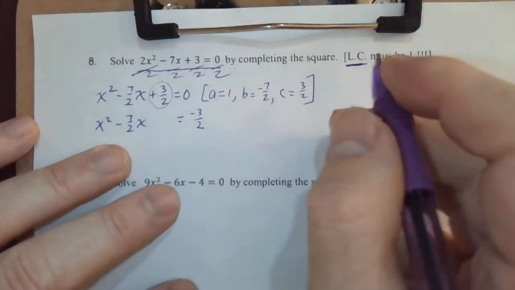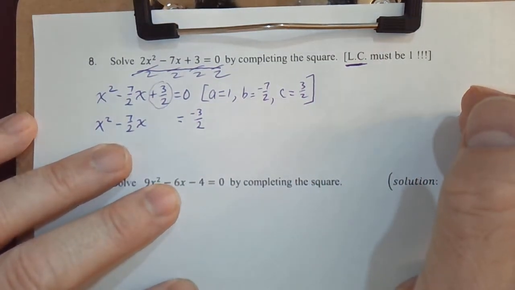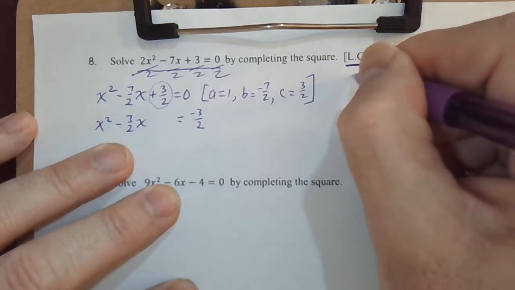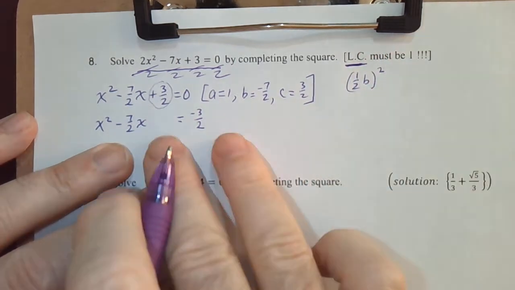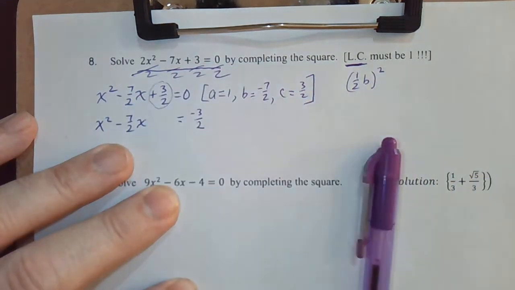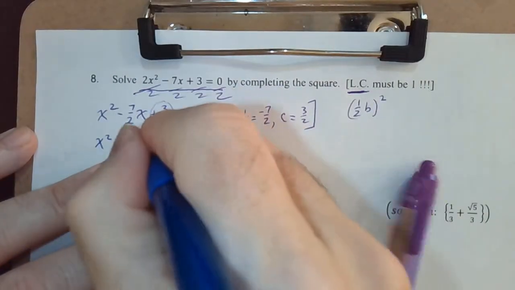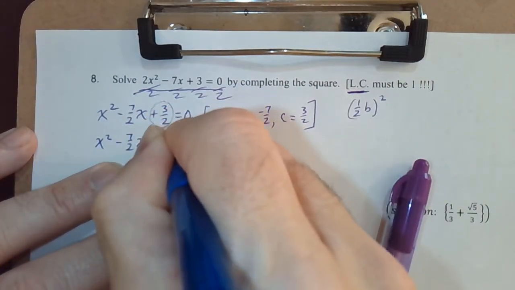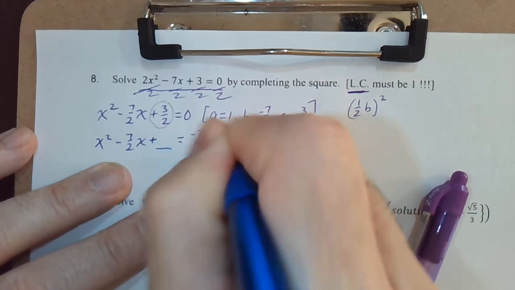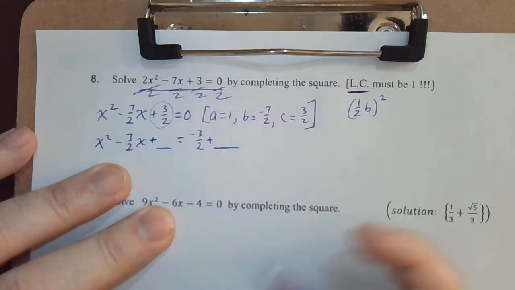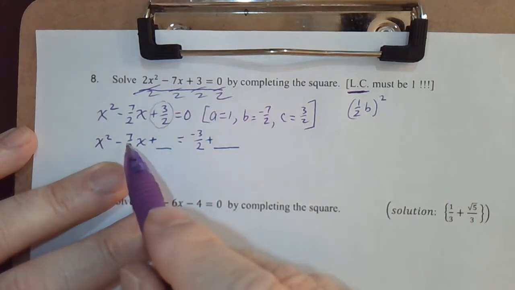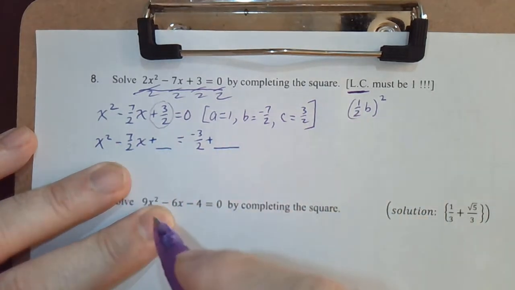Now I need to go and compute that magic number, which is 1/2 b squared. That's what I'm going to add to both sides. Let me use a different color here. I'm going to add the same thing to both sides. Well, b happens to be negative 7 over 2. And since we're going to square it, I don't need to worry about the negative sign.